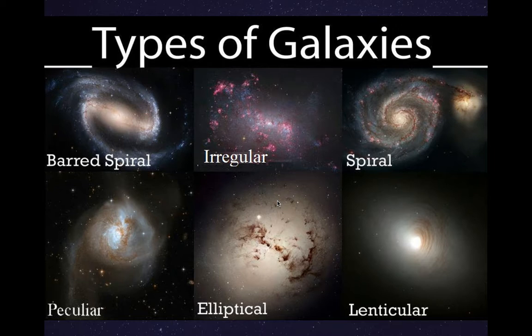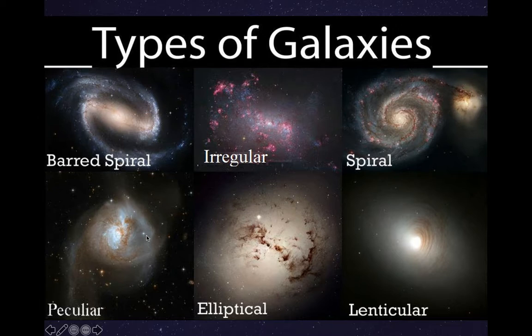So let's talk about the different galaxies and how they form. We are a spiral galaxy. This is what the Milky Way would look like from really far away. And we're just hanging out over on one of these outer arms somewhere. Now, there are other types of galaxies, like an irregular galaxy that doesn't really have a shape. A barred spiral, so it kind of has an egg shape in the middle, and then it has some arms coming out.